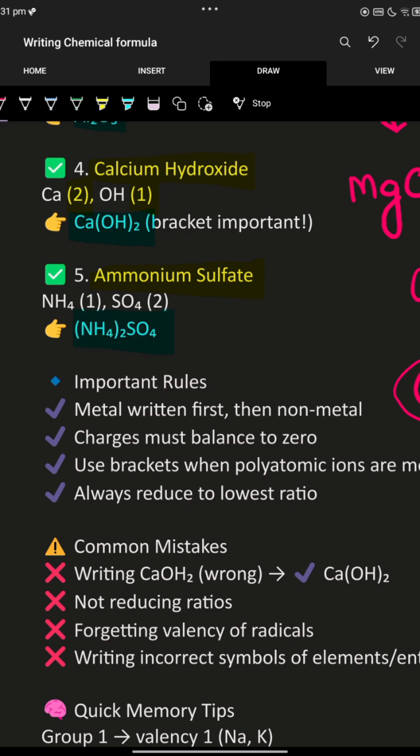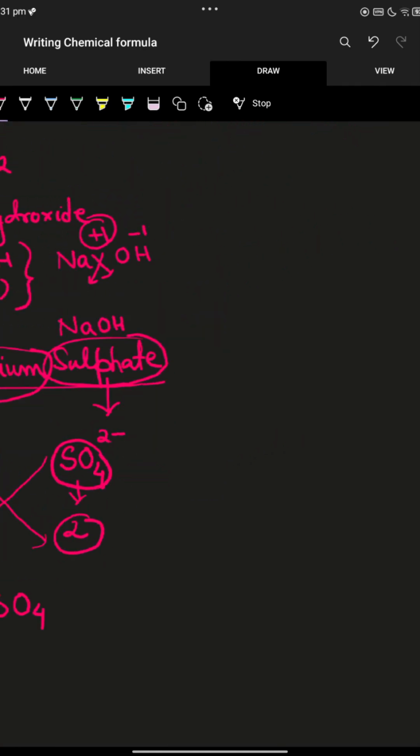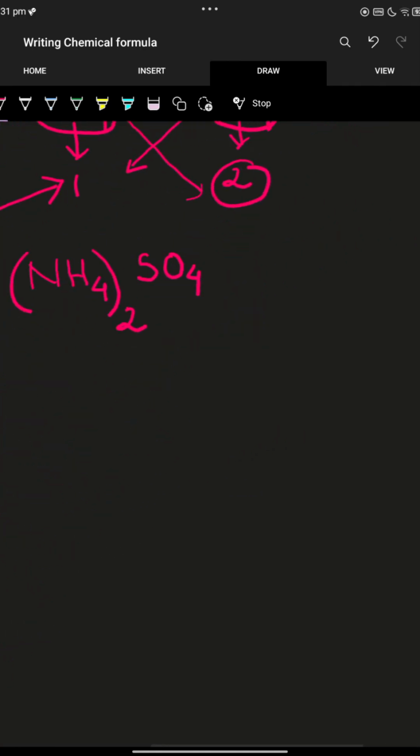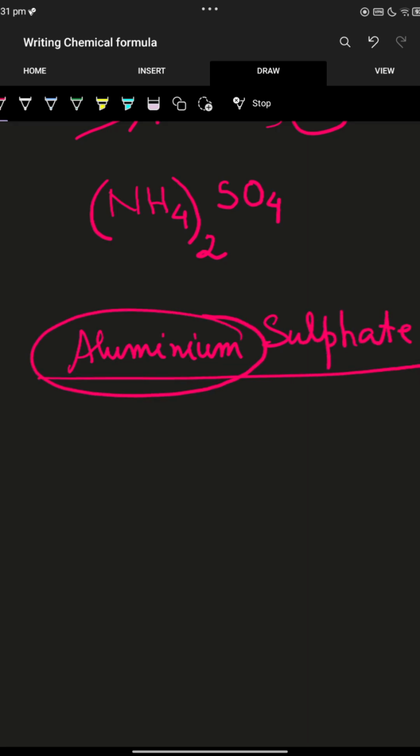And yes, I told you aluminium sulfate. Fine. Let us see aluminium sulfate also. For aluminium, the symbol along with the charge is Al3 plus.